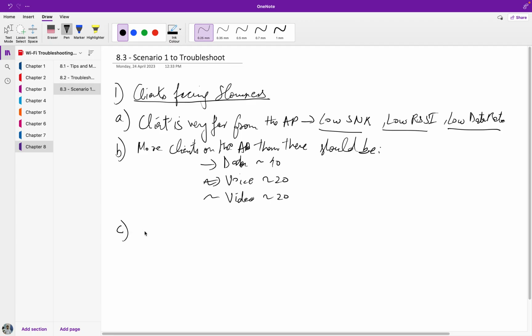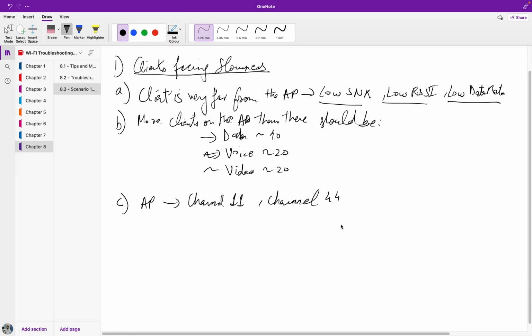One more thing, let's say my AP is connected on channel number 11 on 2.4, or let's say channel number 44 on 5 gigahertz. Okay, anything. Now it is possible that my channel could be overutilized.